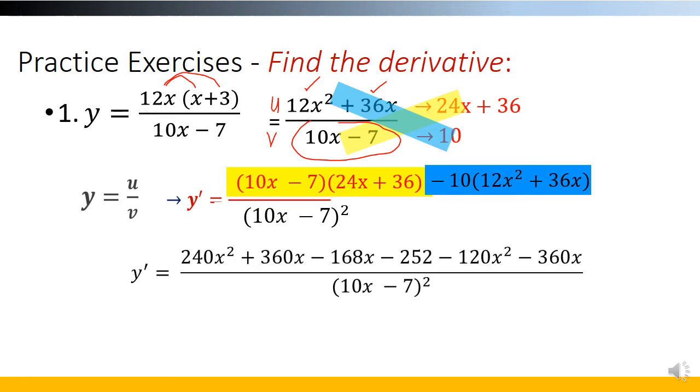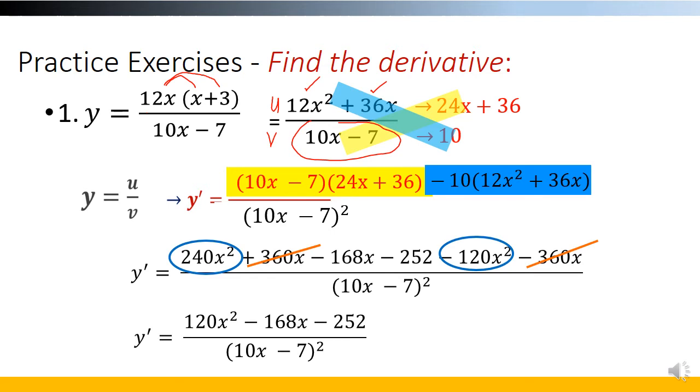Okay, so if you apply the distributive property, ayan, multiplying the factors, you have this one. And then simplifying further, you can combine this and this one. So, cancel lang si 360x. At tapos, ang matitira na lang sa atin will be 120x squared minus 168x minus 252 over the square of 10x minus 7. Okay? And that gives us our final answer for the derivative of number 1.